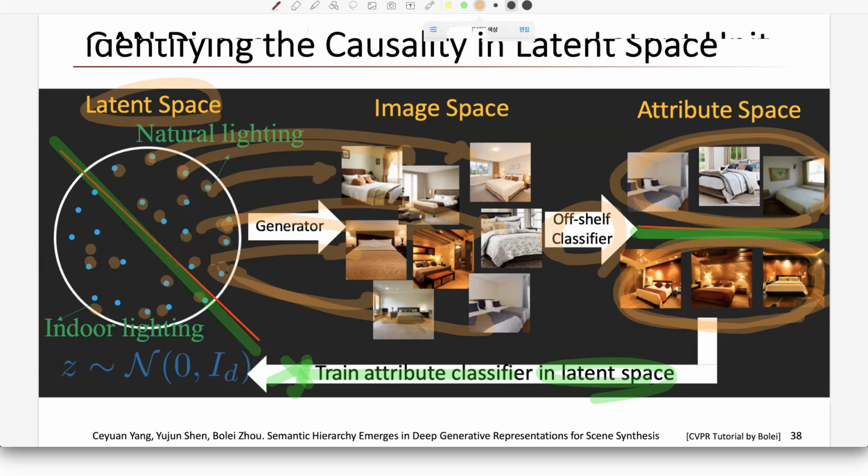With this decision boundary, for example, our sample starts from here. It was a natural lighting image, looks like this. Then by moving in this latent space to this one, we can make this image into the indoor light one.